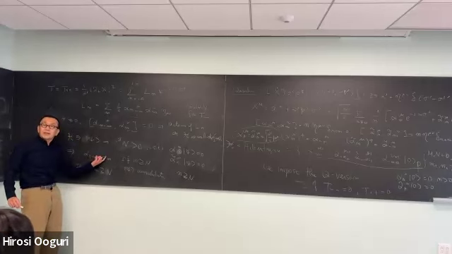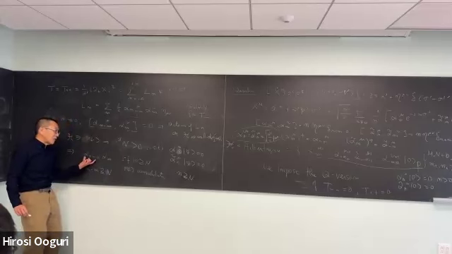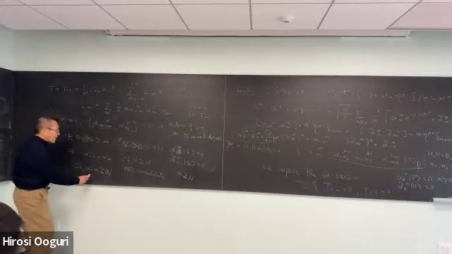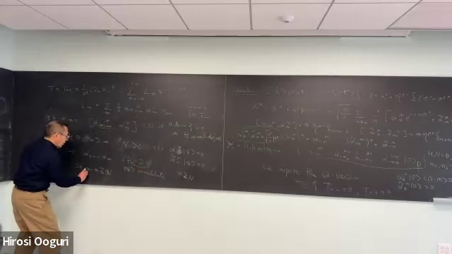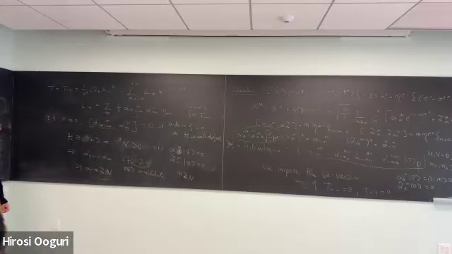So if m is greater than n, we can first annihilate the state by acting with this one. If n minus m is greater than n, then we first act this on the state and annihilate. Right? So that means that either if m is greater than n or n minus m is greater than n, this one is annihilated.